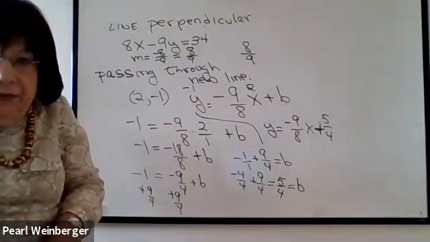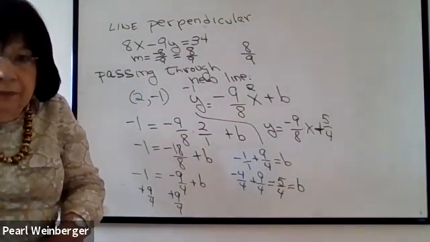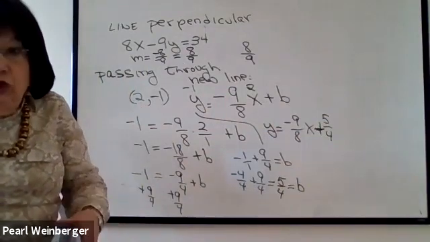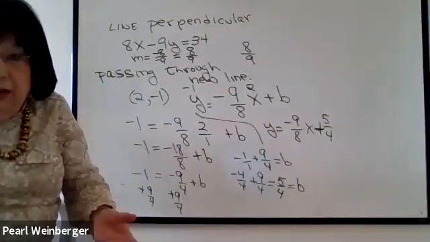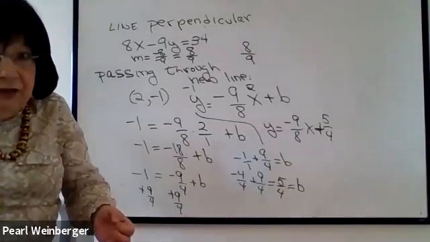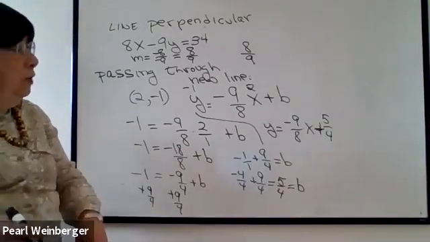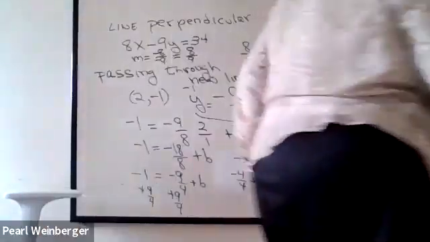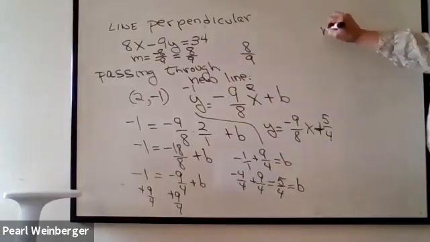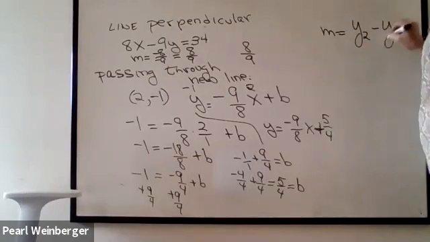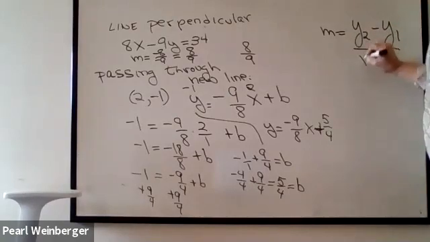Any question about this? Remember, the other type of question they could ask is they could just give you 2 points and ask you to write the equation. Again, if you have 2 points, don't forget how to find the slope of the line. The formula is y2 minus y1 over x2 minus x1.